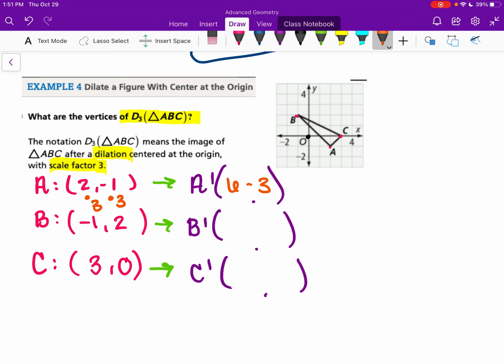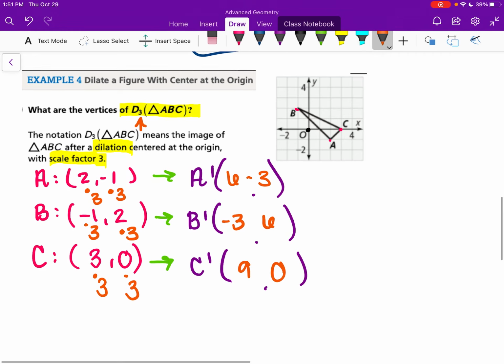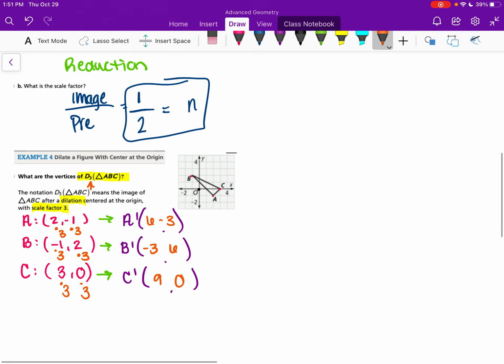So B prime, let's multiply by 3, is at negative 3, 6. That means C prime, let's multiply by 3, is going to be at 9, 0. And now you know the coordinates because we knew that the scale factor was 3, so we multiplied those coordinates by 3. And that is dilations.